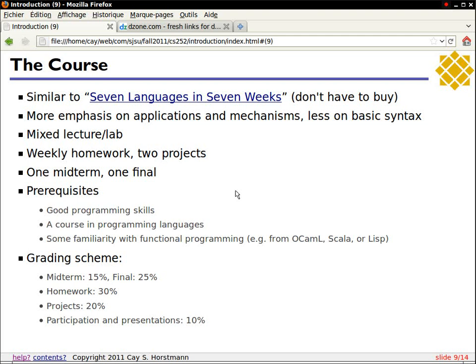The other thing is we're going to do a mixed lecture lab, so you're going to be bringing your laptops for every lecture. I'll be lecturing a little bit less than today, and then there'll be a lab right away. Because when I tell you something and you listen to it and look at the slides, it all makes so much sense. It always does.